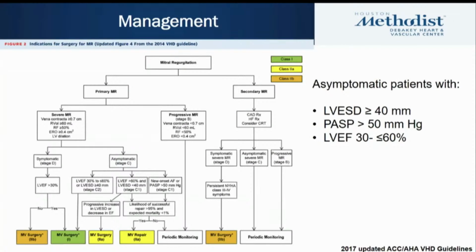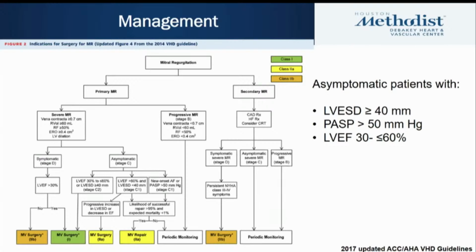This takes us to management. After you've determined the mechanism, the severity, and once you've screened for the consequences of these lesions, then the guidelines tell us that if you have primary MR that's severe in the presence of symptoms, then surgical management is indicated. Your assessment becomes even more important when these patients are asymptomatic.